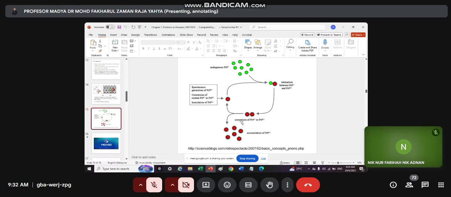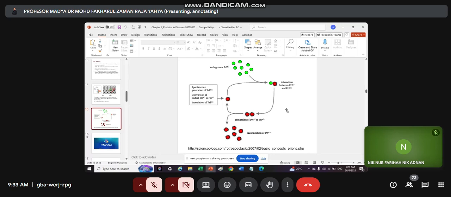Now it becomes two scrapie prion proteins. And the same scrapie prion proteins can convert other normal prion proteins to become abnormal ones. So it looks like a cycle of conversion, a cycle of infection caused by scrapie prion protein.